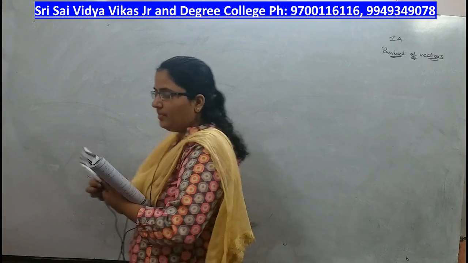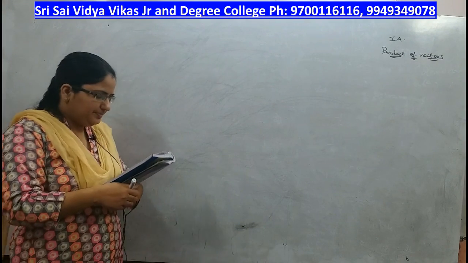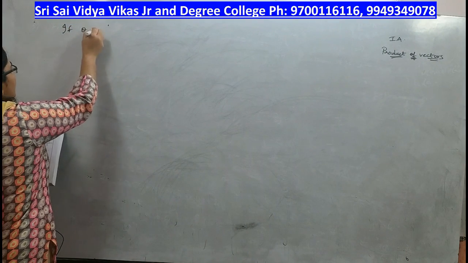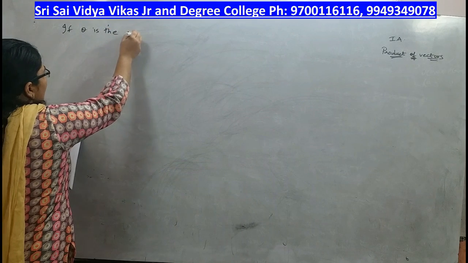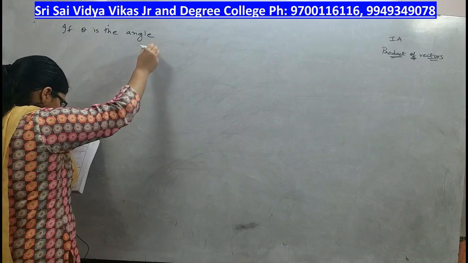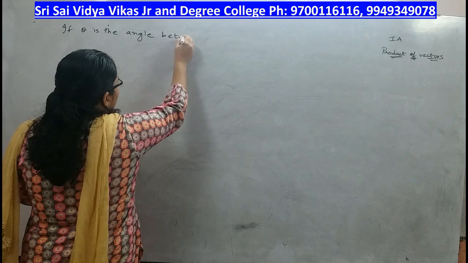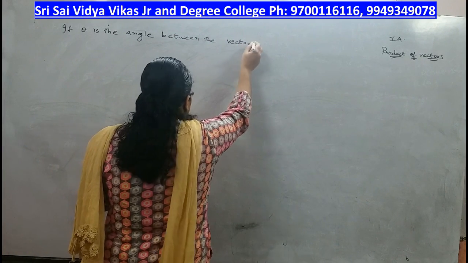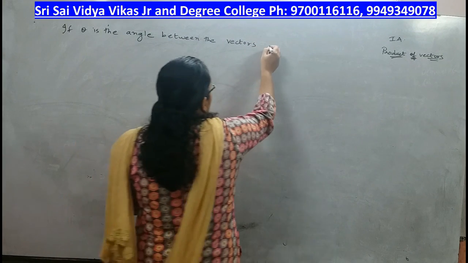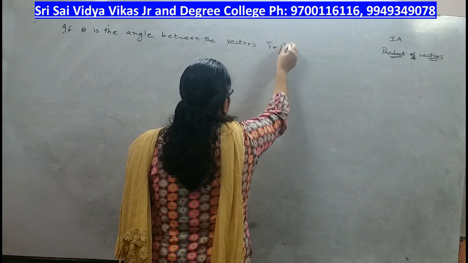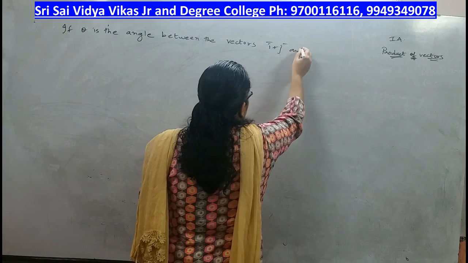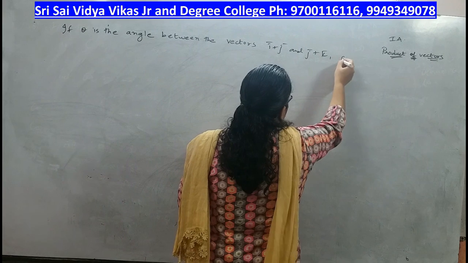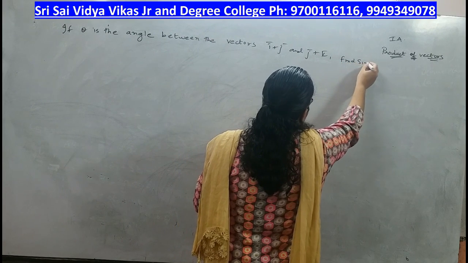Let us do the next set of problems in product of vectors. If theta is the angle between the vectors i bar plus j bar and j bar plus k bar, find sin theta.